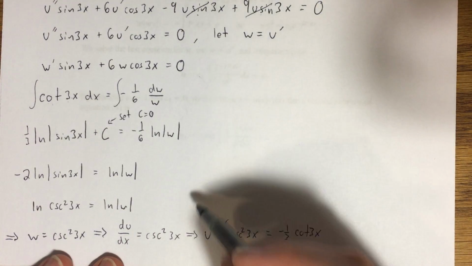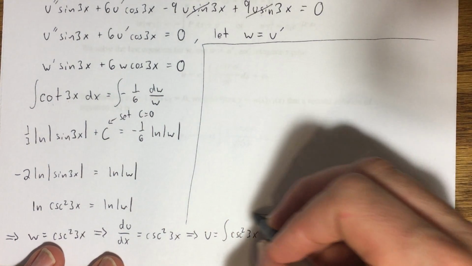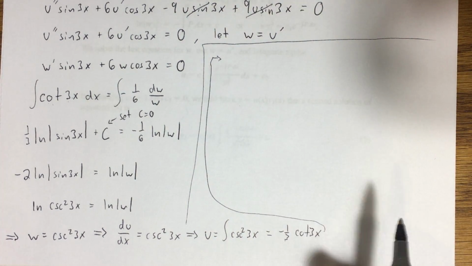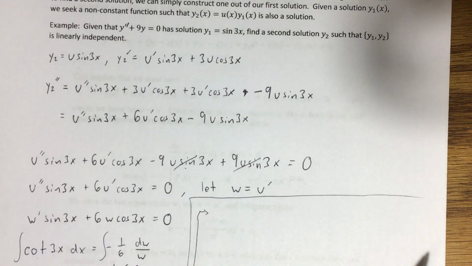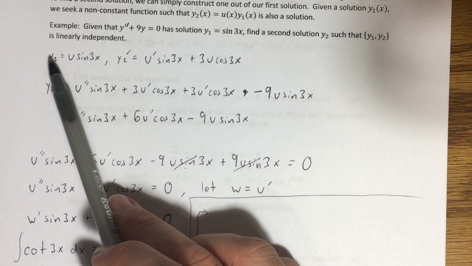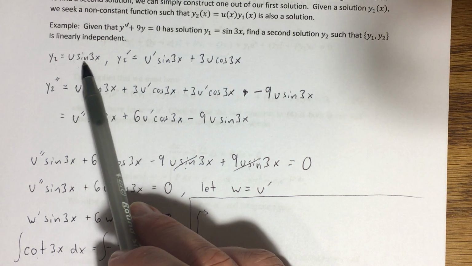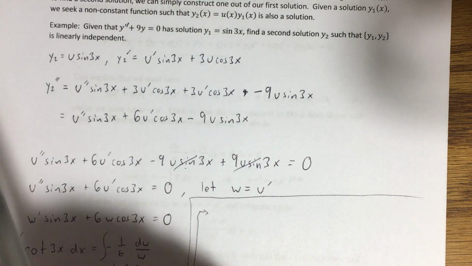I got to the bottom of my page here, so I'm going to try and use my space wisely. Come up here. Okay, so what do we do with that? Well, remember, u is the function that we are multiplying to y1, which is sine of 3x, to get that function y2.